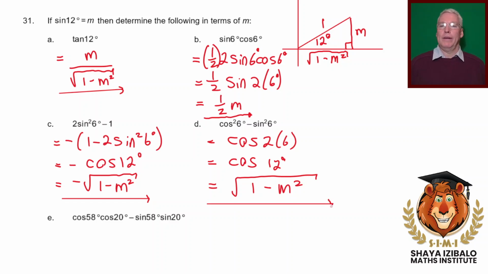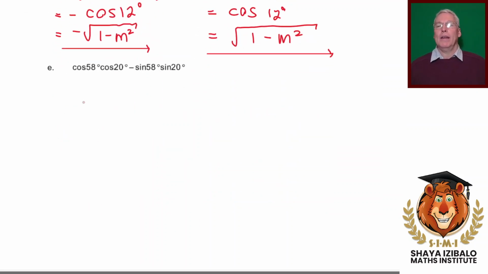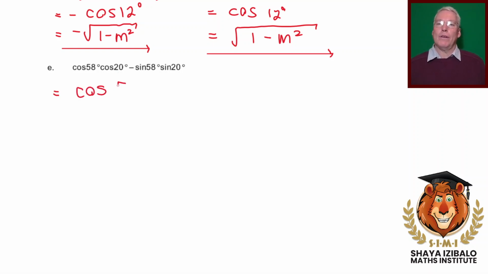Okay, and then the last one, cos 58 cos 20 minus sine 58 sine 20. Well, that is our compound angle formula for cos, and this is in fact cos of 58. Remember, cos changes the sign, so this is cos of 58 plus 20. Now 58 plus 20 is cos of 78. Where are we at 78 degrees?